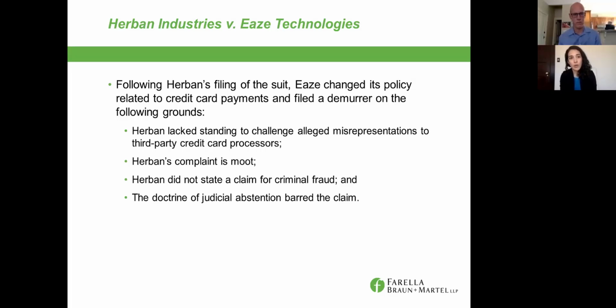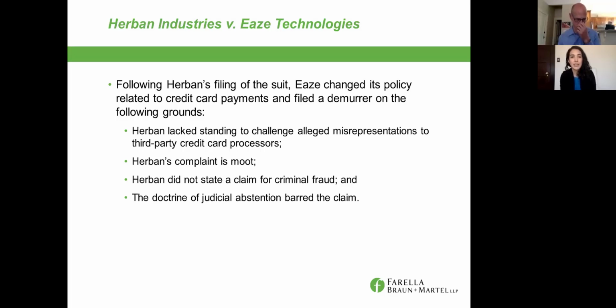Ease also, upon the filing of the suit, changed its policy related to credit card payments and said that the court could take judicial notice of the system by which it facilitated transactions, and that the system had clearly changed and the complaint was moot. They also made an argument that what Urban had alleged wasn't actually a crime, and that the doctrine of judicial abstention barred the claim.